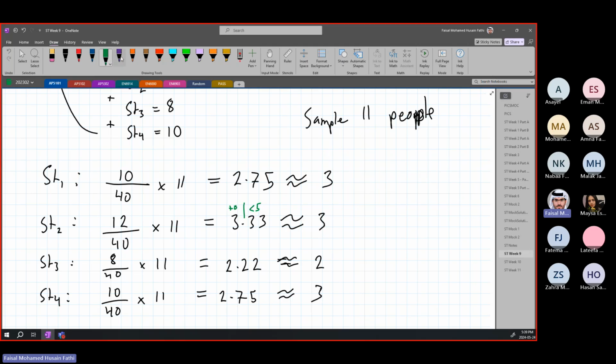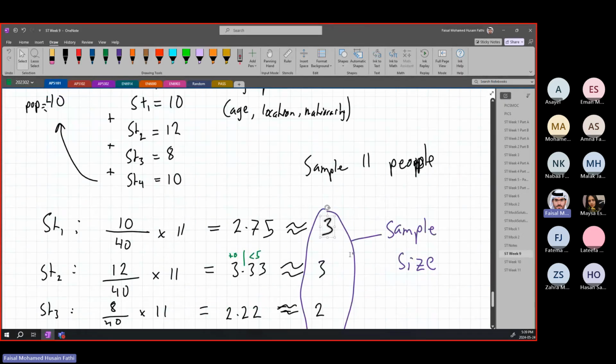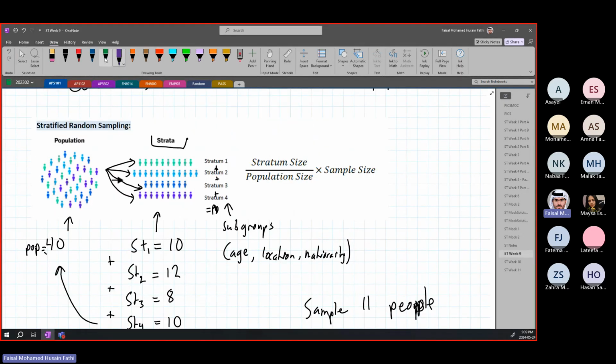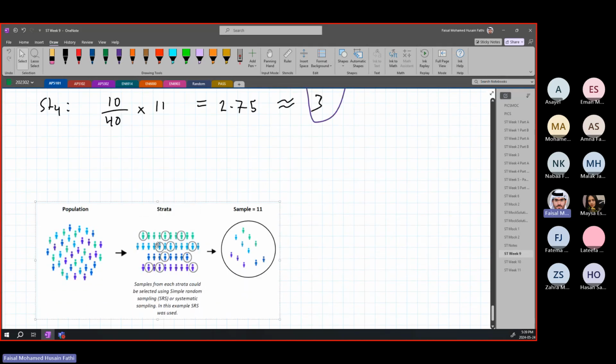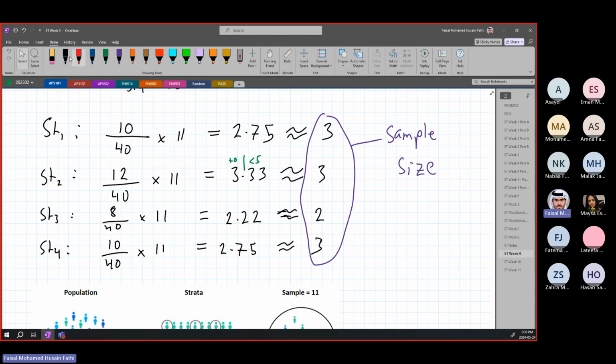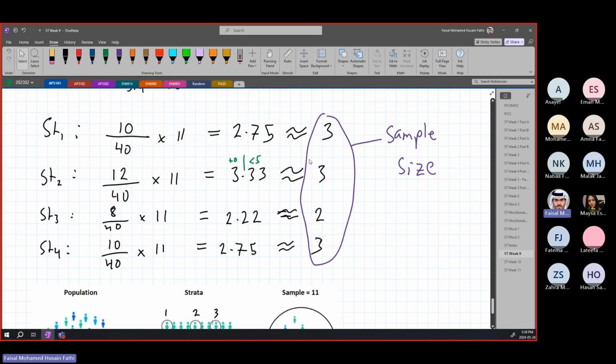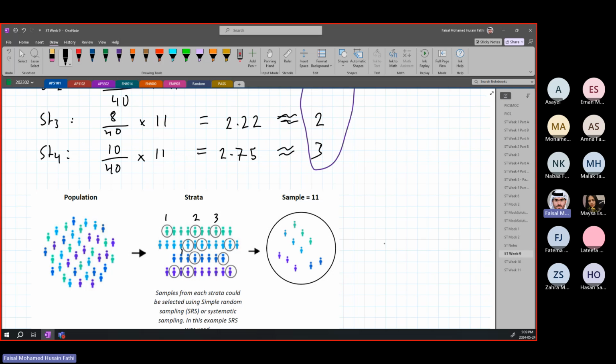So what are these values? These values that we have found are our sample size from each stratum. From the first subgroup or stratum, the people in green over here, we are going to select 3 people. So if you notice, we got 3 from the first subgroup: 1, 2, 3. The second one, we also got 3 again, so there is another 1, 2, 3 from the other subgroup.